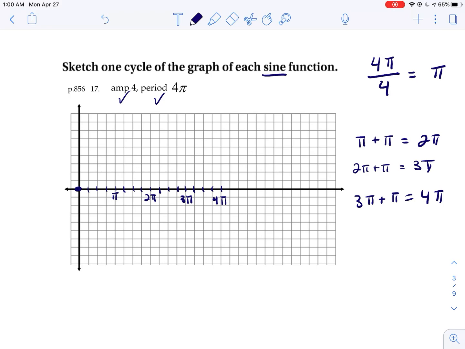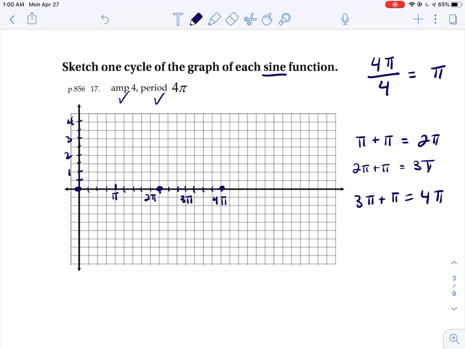Okay, so now how do I sketch this? Well, because it is a sine function, we know that it starts and ends at 0. And halfway in the middle, we hit 0 again. Okay, so we have those 3 points. All that's left is to graph the maximum and the minimum. Now, since we're going to assume that it's positive, okay? So we're going to draw at our first spot, right, our first 4th, the maximum.